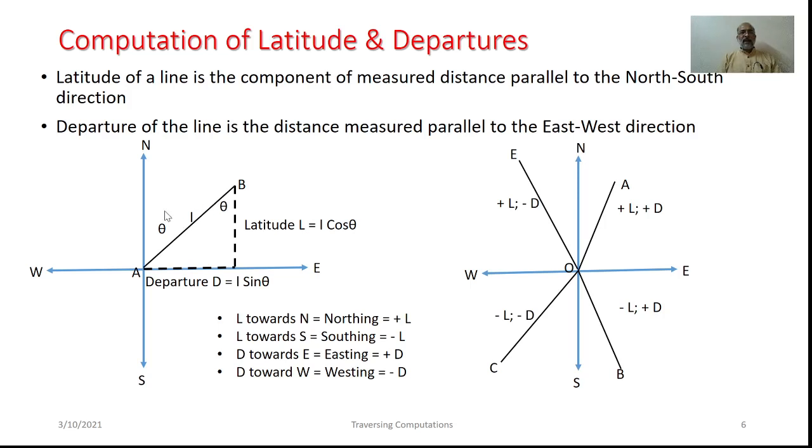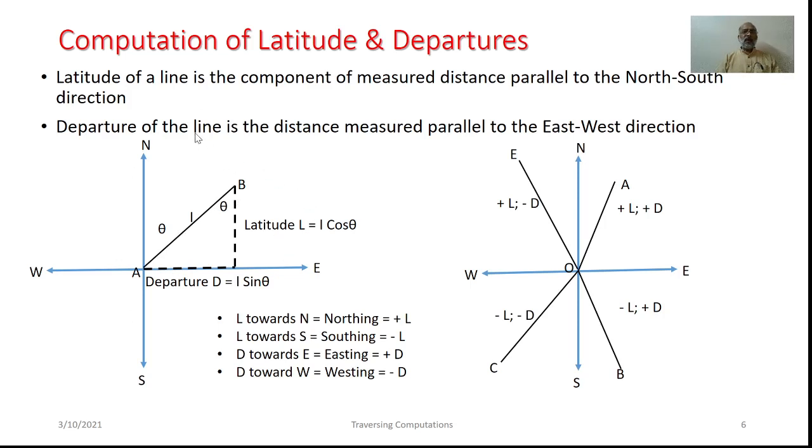It is making an inclination of theta with respect to the magnetic north. Hence, this theta can be considered as the reduced bearing. So, having known the values of this reduced bearing and the length of that side, now we can have the projection of that line on the north-south axis as well as the east-west axis.